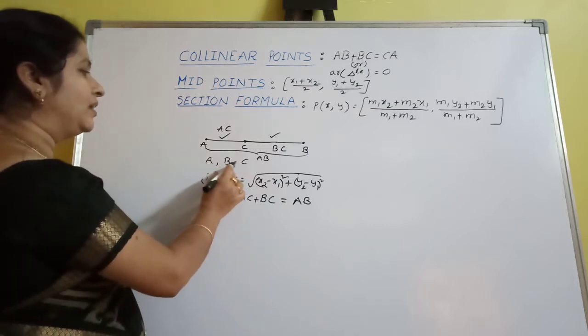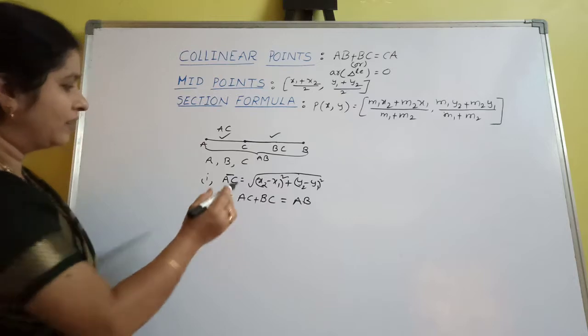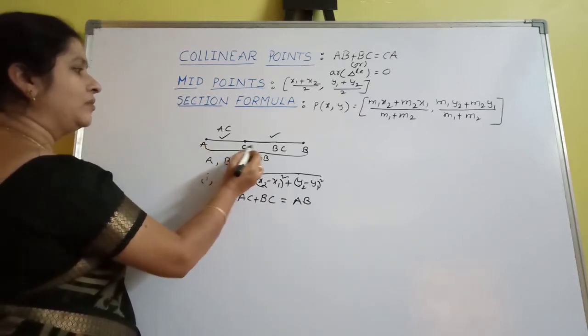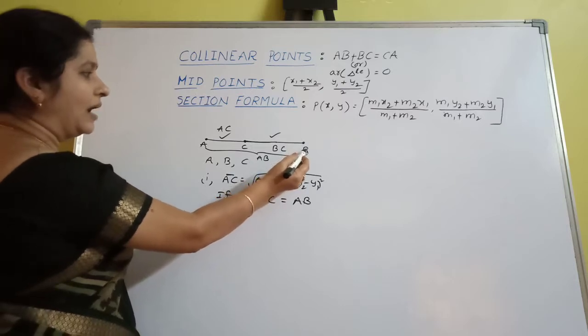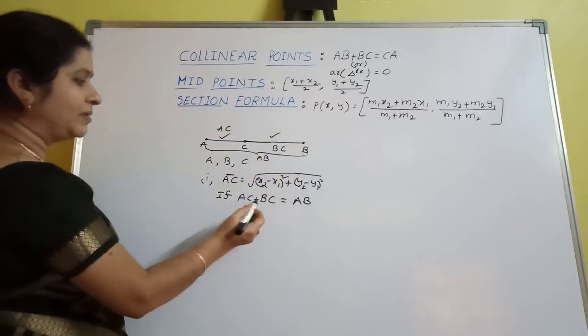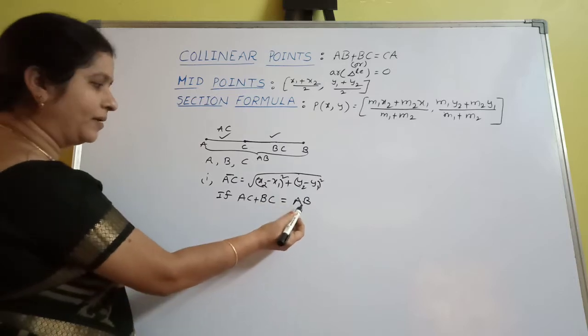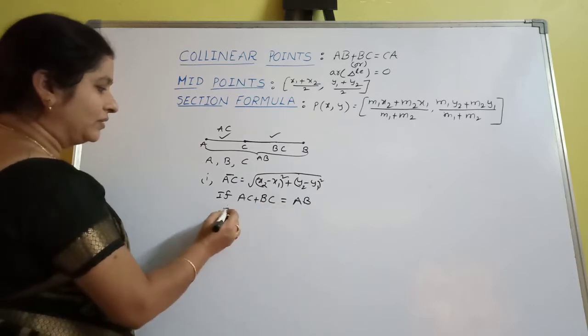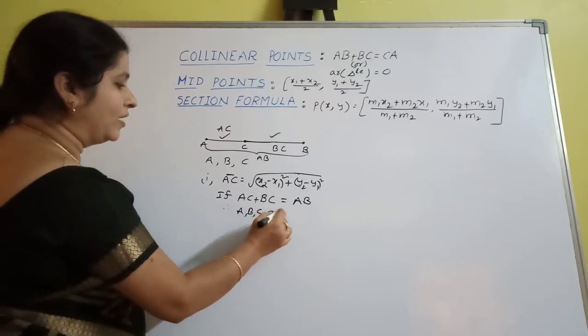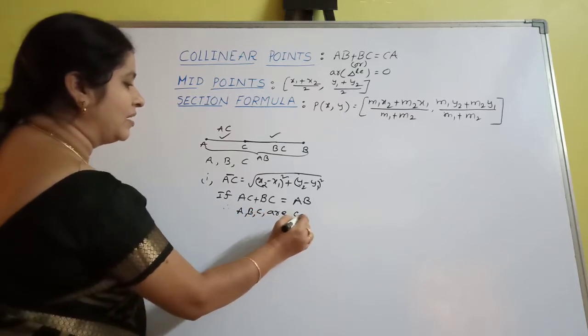To prove any 3 points are collinear, you have to find the AC length value or BC length value and total AB length value. If you get AC plus BC value equal to AB, therefore these 3 are definitely collinear points. A, B, C are collinear.